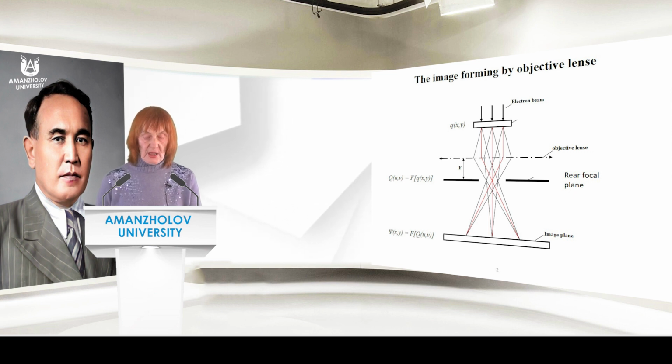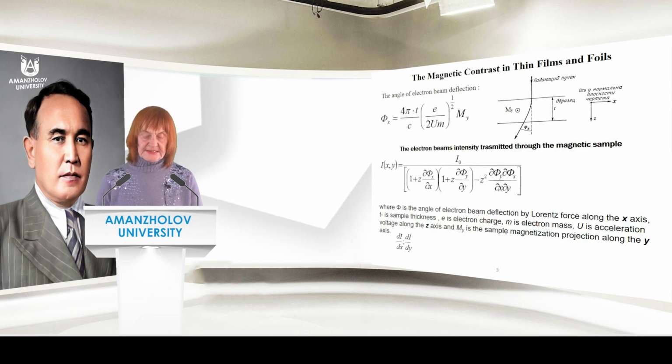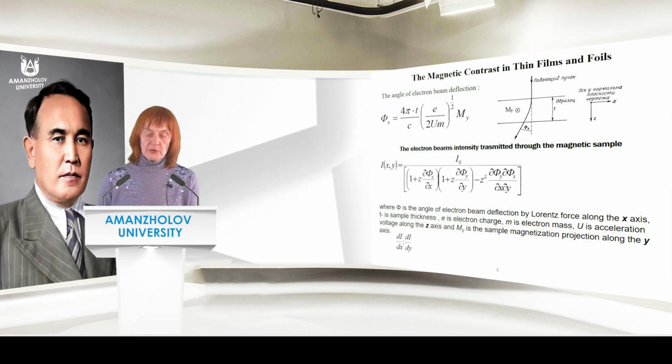The aperture shift method is as follows: the electron beam is transmitted through the magnetized sample along the y-axis. The electron beam is deflected by the Lorentz force along the x-axis.